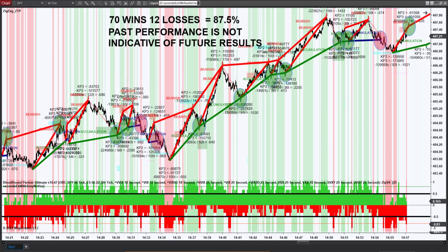So when we look at the entire day, if my math is right, there were 82 total trading opportunities, 70 of which were wins and 12 of which were losses. That's going to come out to be about an 87% win rate in some pretty extreme volatility.